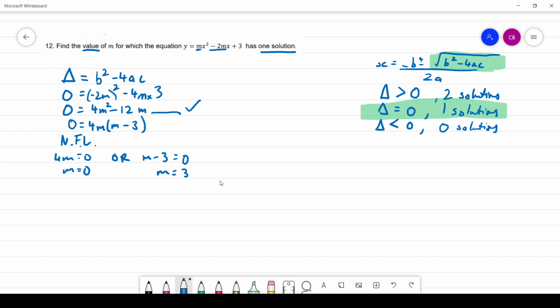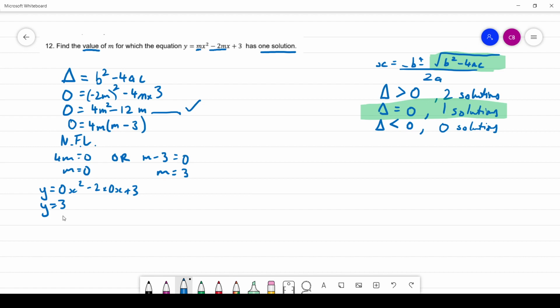Both of them work. But if we sub in both, I think you'll see that one of them isn't very useful. So let's look at m equals 0 first. Y equals 0x squared minus 2 times 0x plus 3. The zeros don't do much, so 0x squared is 0, 2 times 0x is 0. We just have y equals 3.